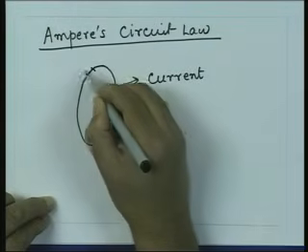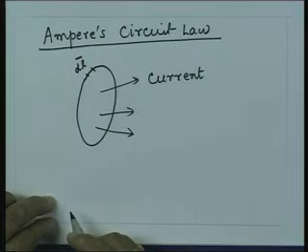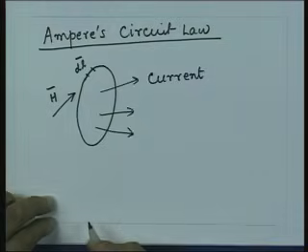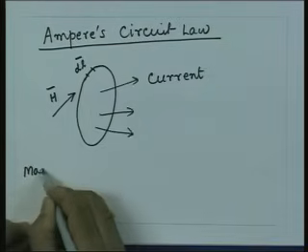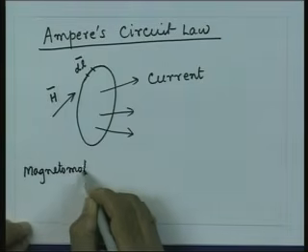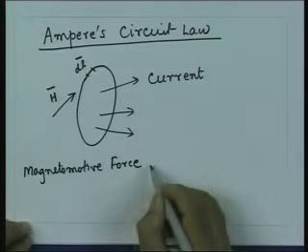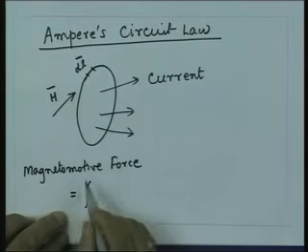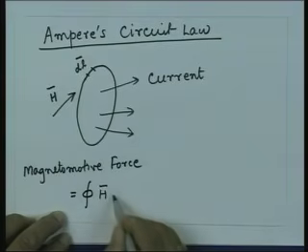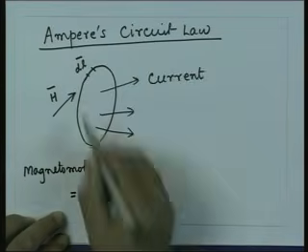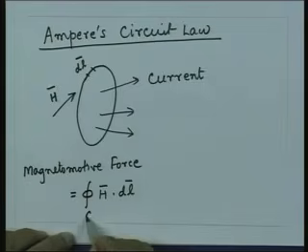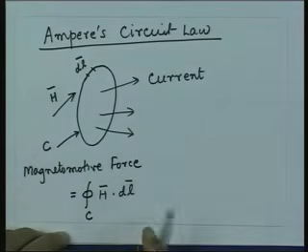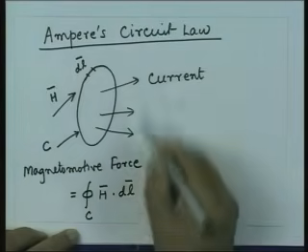So, if I say that the element on this path is given by some dl and I have some magnetic field in this region, let us say H, the magnetomotive force is equal to the line integral of H dot dl over this closed path, over this contour C. This quantity is equal to the total current enclosed by this loop.